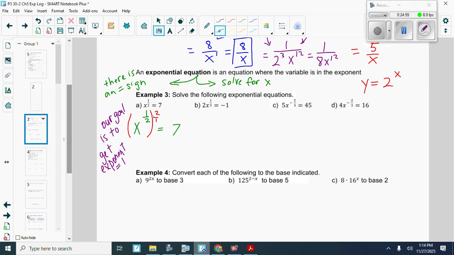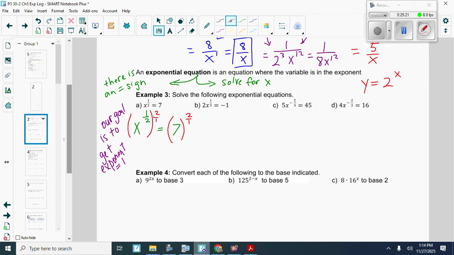Now, what I did to one side, I have to do to the other side. I took that whole left side and raised it to the exponent 2 over 1. I'm going to do the same thing to the right side. What is 2 over 1? 2. Do you know what 7 squared is? 49. You can do that in your calculator.